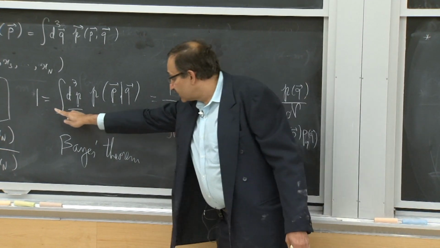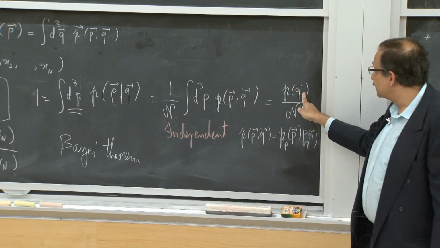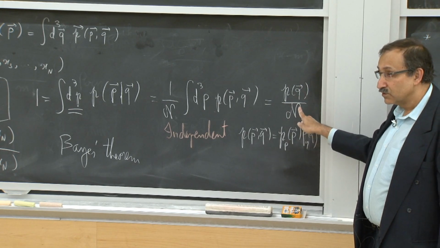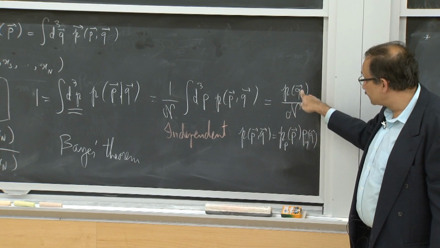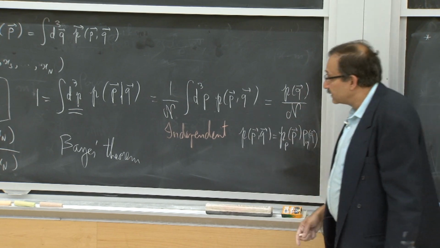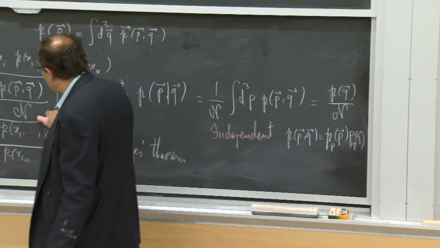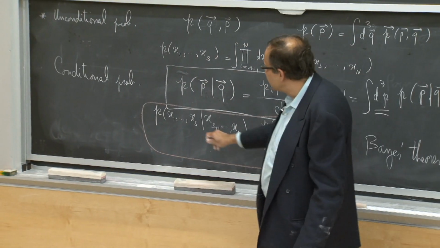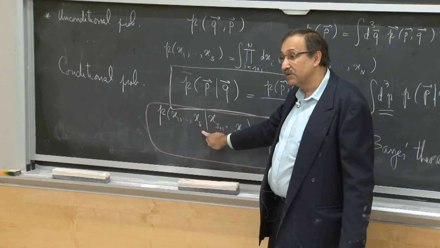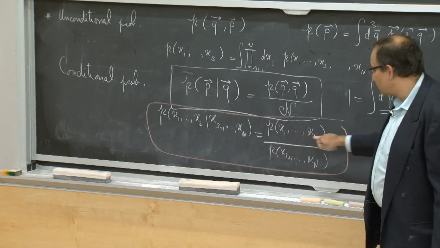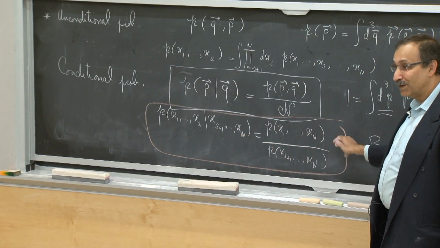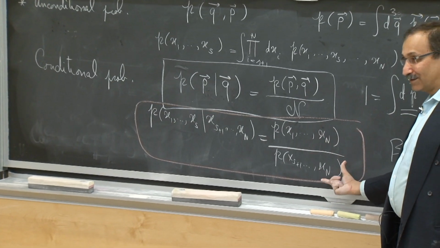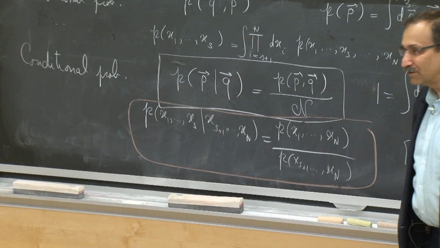So the normalization of 1 is the unconditional probability for position divided by n. So n has to be this. And in general, it would have to be this in order to ensure that if I integrate over this first set of variables of the joint probability distribution, which would give me the unconditional, it cancels the unconditional in the denominator to give me 1.